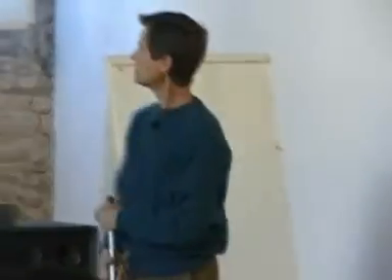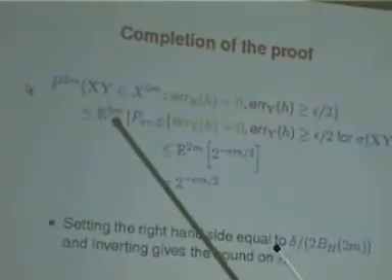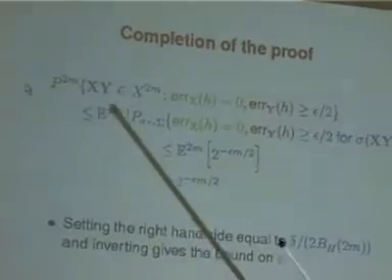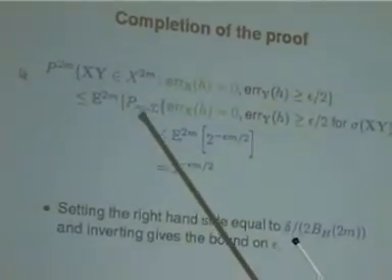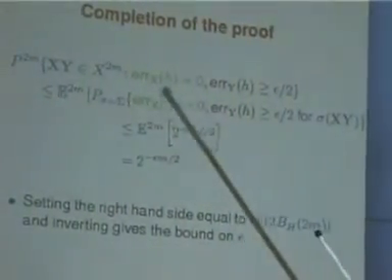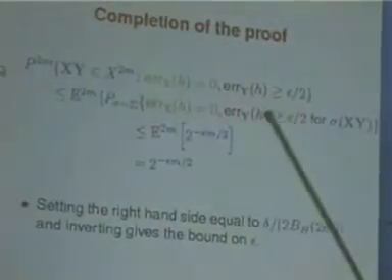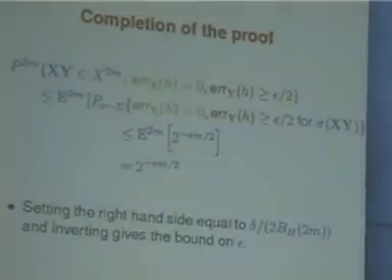What happens? Well, we just plug and play. Here's that quantity we wanted to bound, and we write it as the expectation over the double sample of the probability, choosing a random permutation from that set sigma, that the error on x is 0 and the error on y is greater than or equal to epsilon over 2, for the permuted double sample.